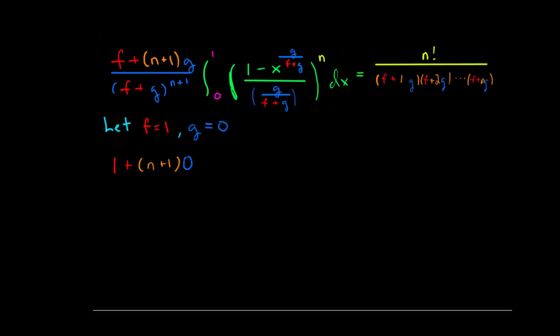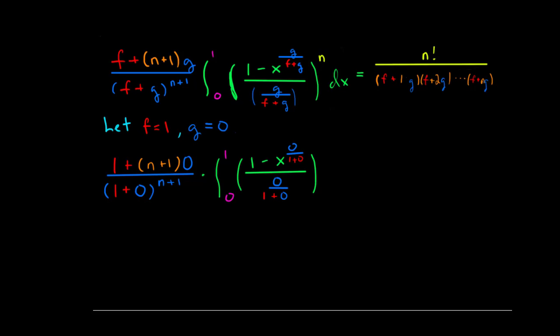We're going to get 1 plus n plus 1 times 0 over 1 plus 0 to the n plus 1 times the integral from 1 to 0 of ((1 minus x) to the 0 over 1 plus 0, all over 0 over 1 plus 0), close parenthesis, raised to the power n dx equals n factorial over 1 plus 1 times 0 times 1 plus 2 times 0, dot, dot, dot, all the way up to 1 plus n times 0.